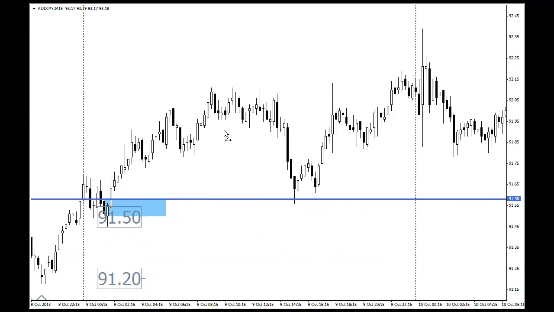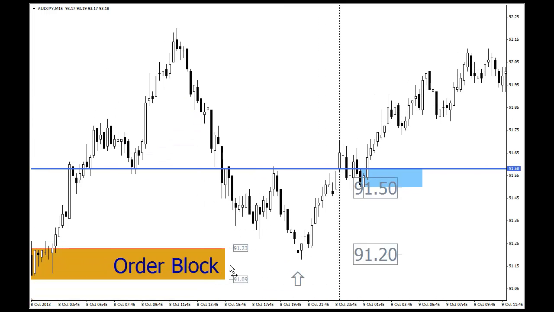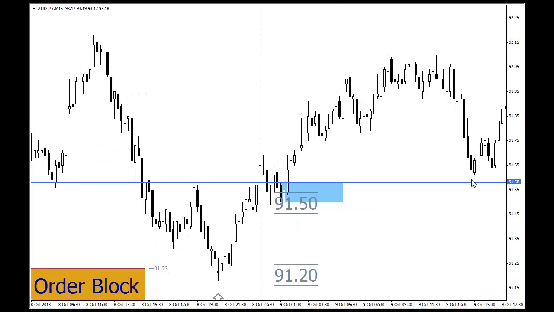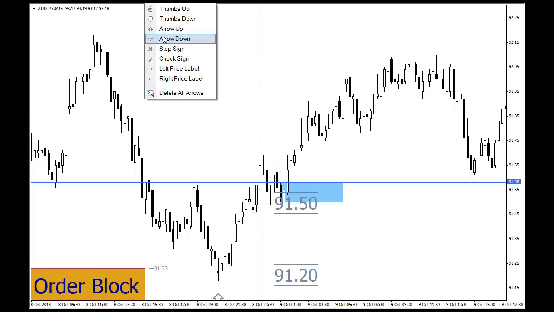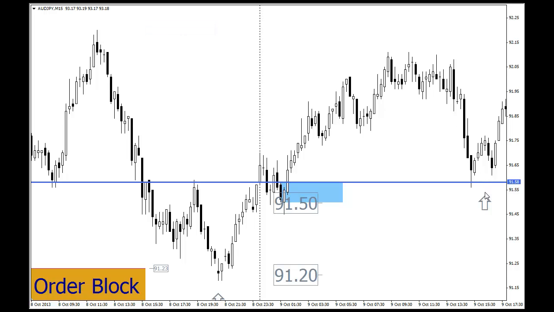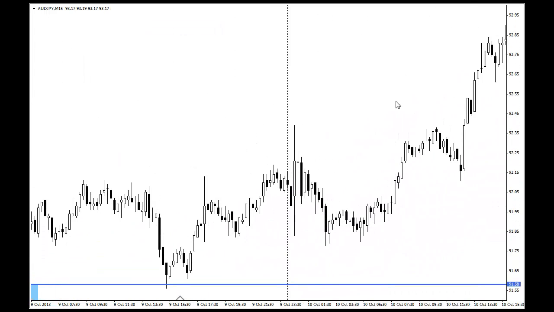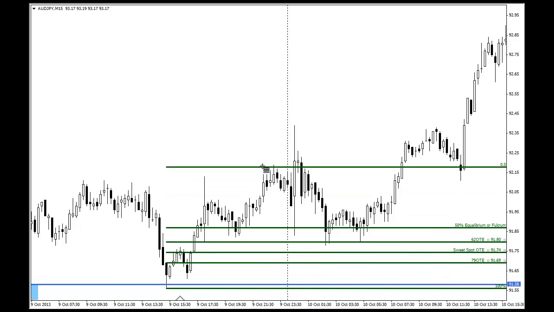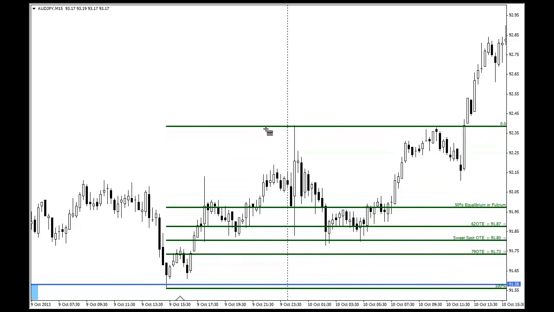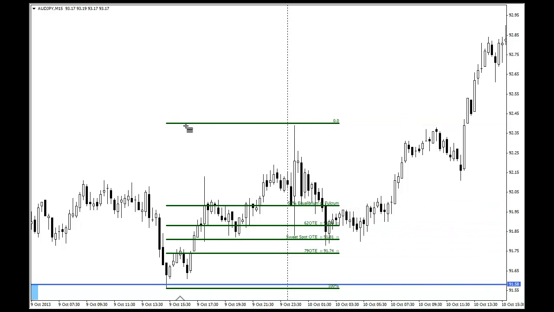Okay, and zoom out. Let's go back to our reference points of entry. We have this one here and this one here. Okay, and now we have another opportunity to see another optimal trade entry here using this range.